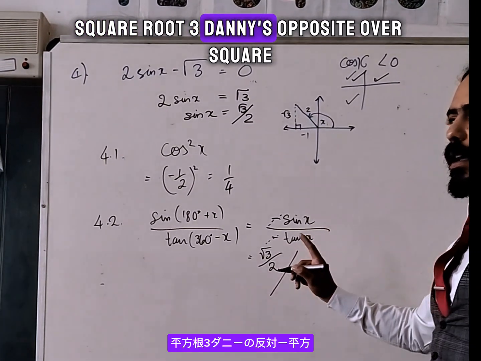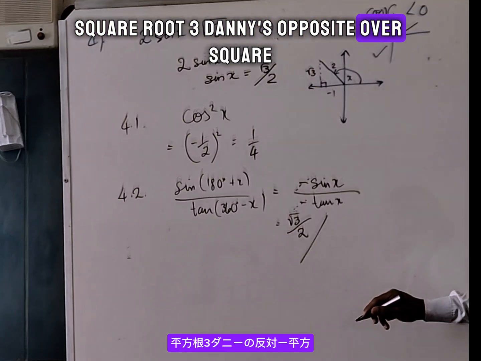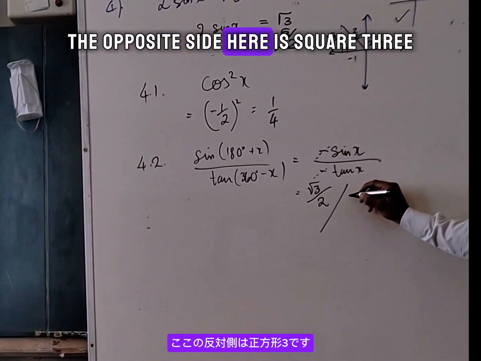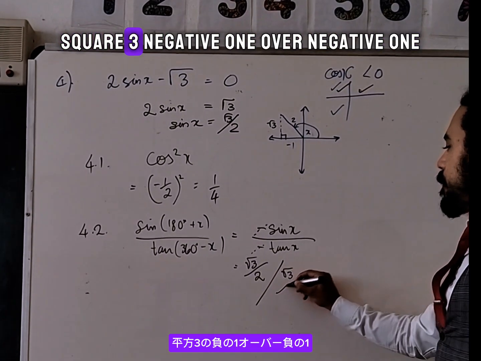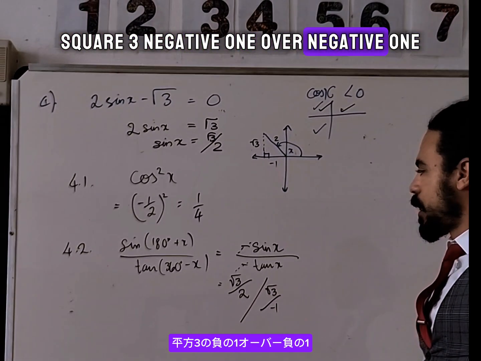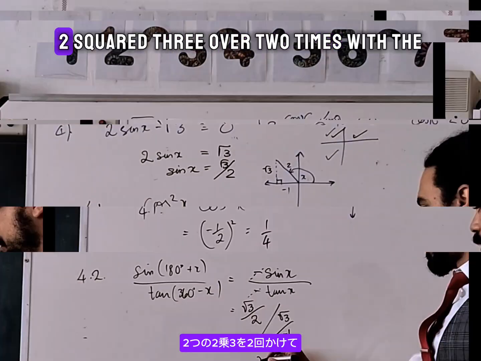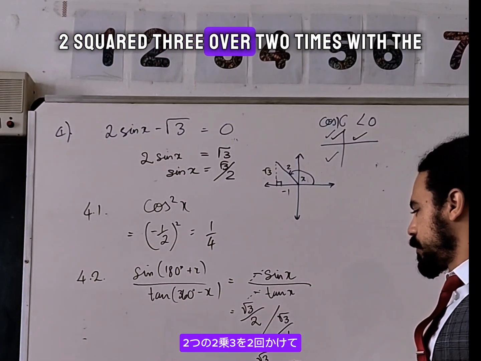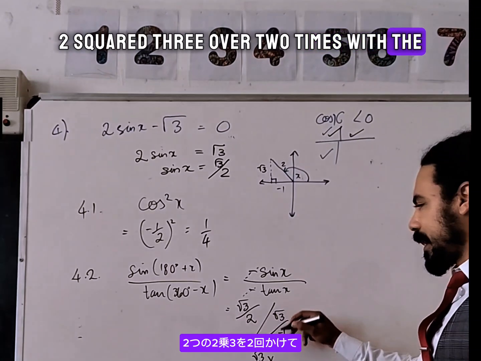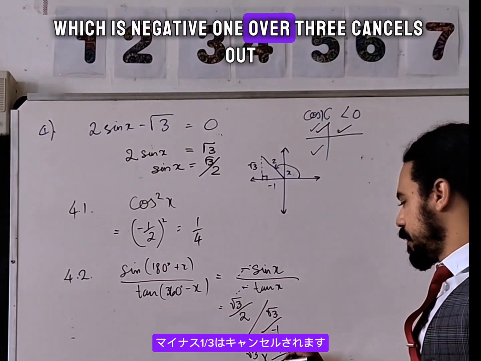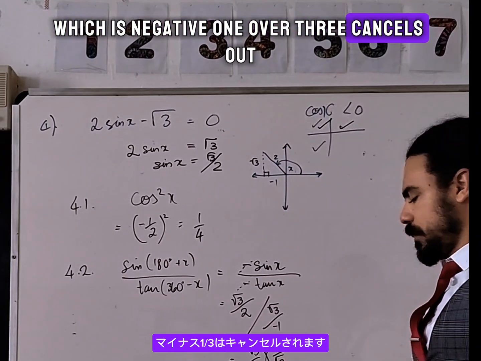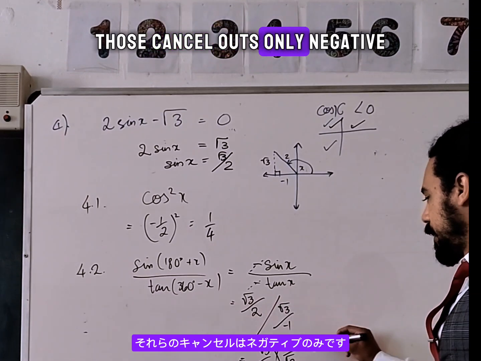Tan is opposite over adjacent, so the opposite side here is square root 3 over negative 1. This now becomes square root 3 over 2 times the reciprocal, which is negative 1 over square root 3. The square root 3s cancel out, so I'm left with negative one half.